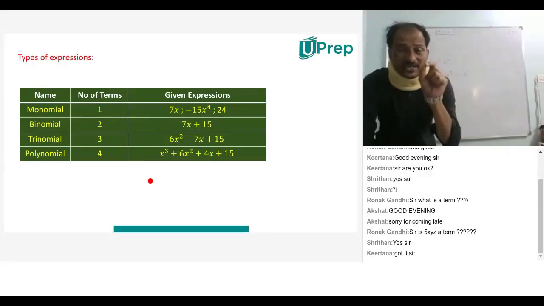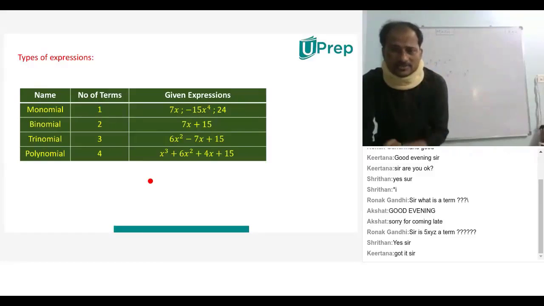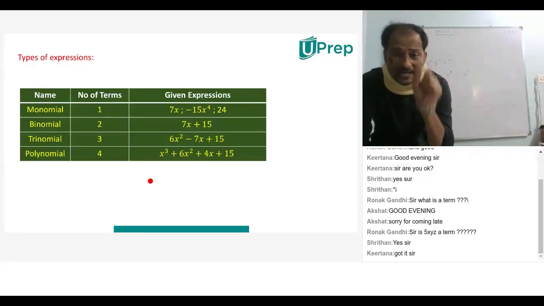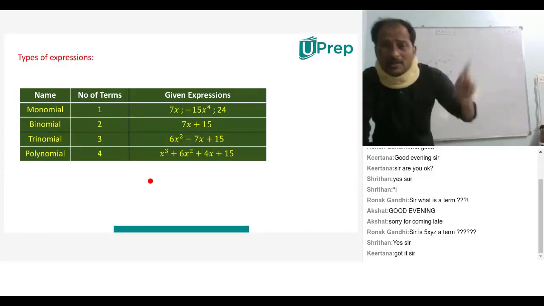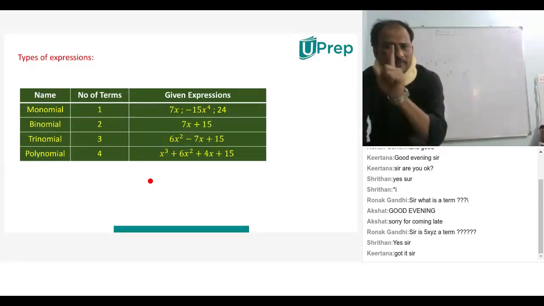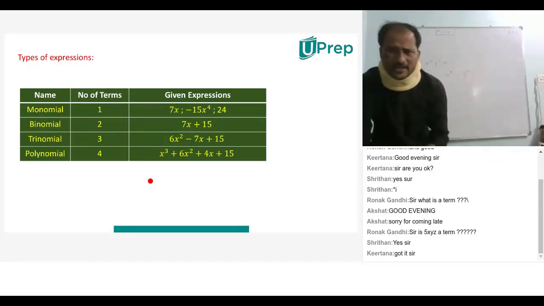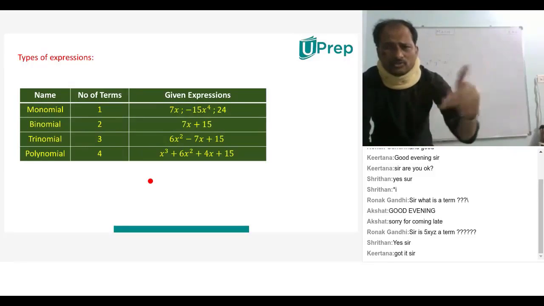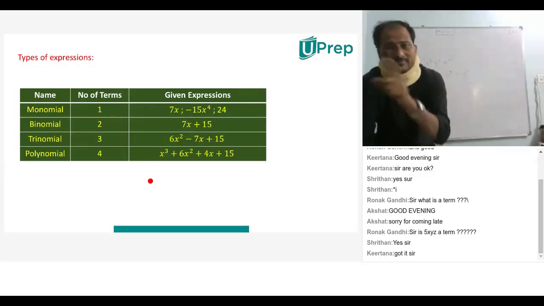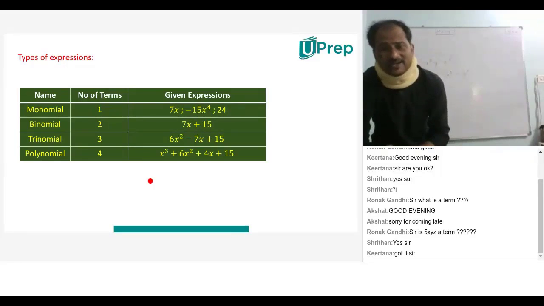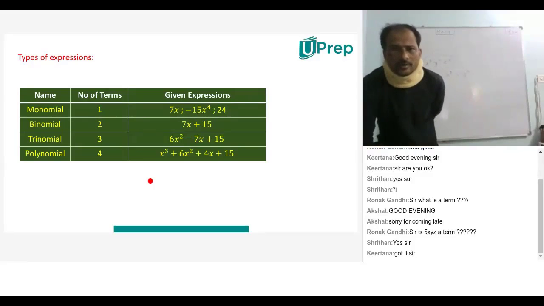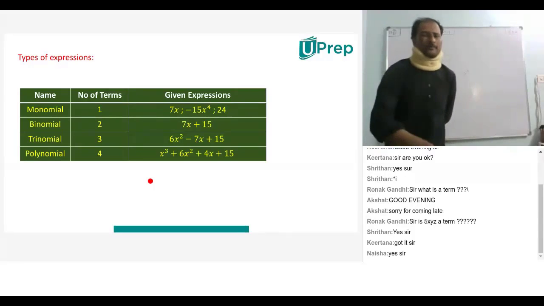The highest degree of the terms present in the polynomial is called its degree. For a monomial, if only a single variable is there, its power will be taken into consideration. If 2 or 3 variables are there, then the sum of all the powers will be taken as the degree of the monomial. I hope you all understood. Yes. Okay. Next.